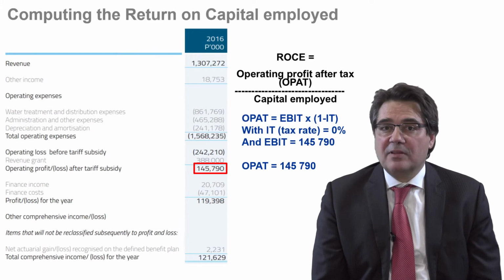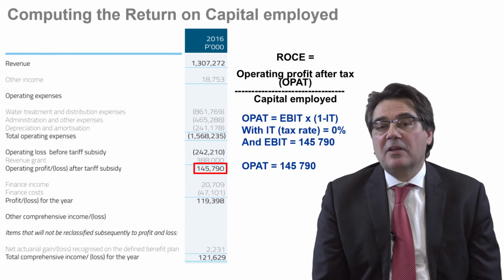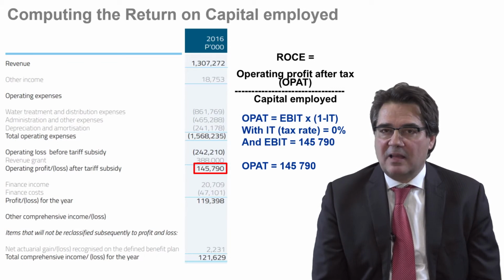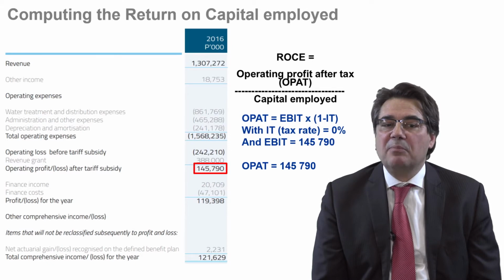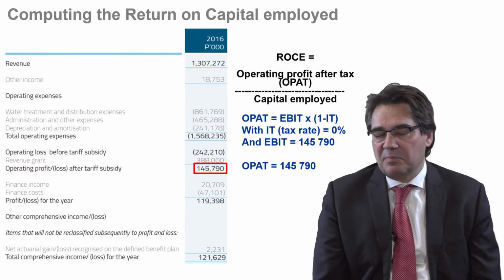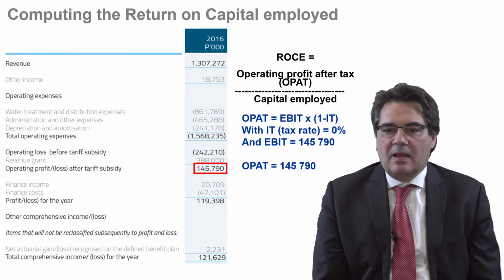Computing the return on capital employed. The return on capital employed is calculated by dividing operating profit after tax by capital employed. EBIT can be found in the statement of comprehensive income in the P&L. And here the tax rate is 0%.